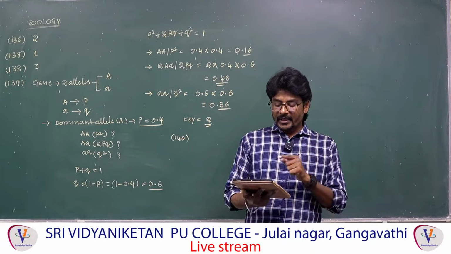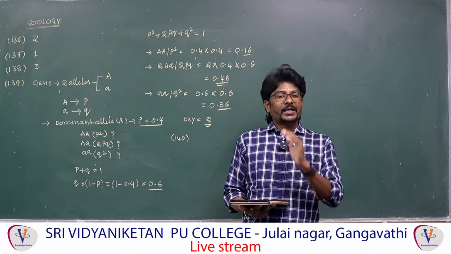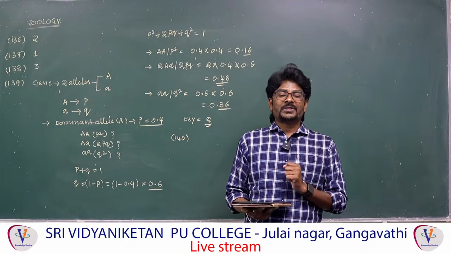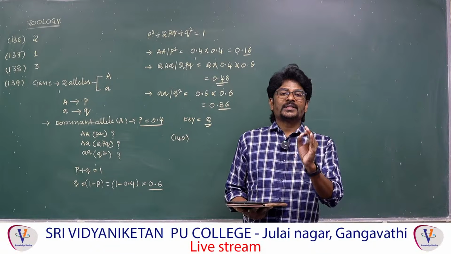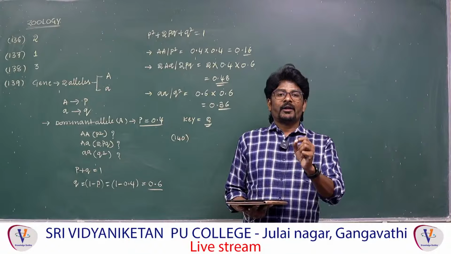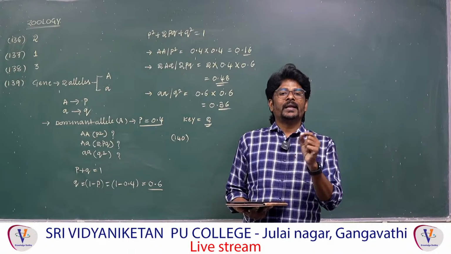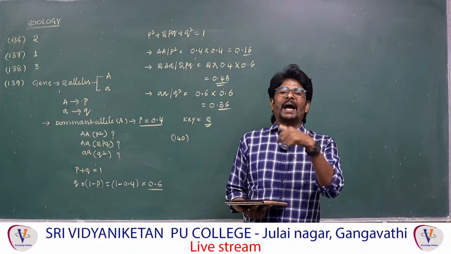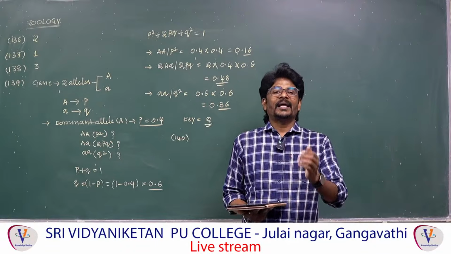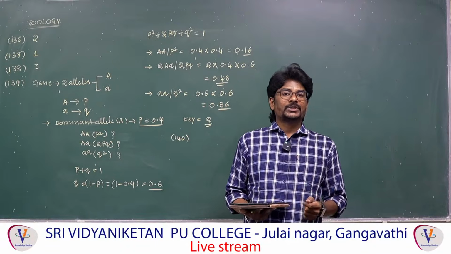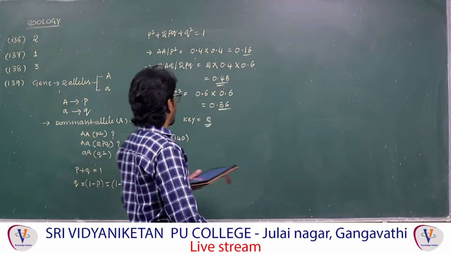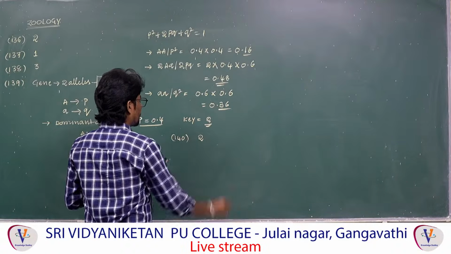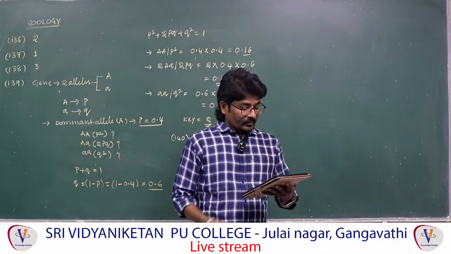Actually, which is the fish like reptile? Ichthyosaurus. About 200 million years ago, it went back into the water from the land and evolved into the fish like reptile. So this is a wrong combination. So the correct key is option 2 for question number 140.